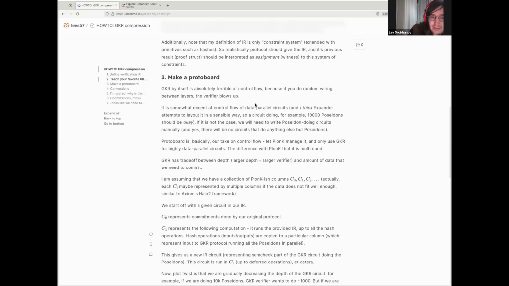It is somewhat decent at control flow of data parallel circuits, and I think Expander attempts to lay it out in a sensible way. So if you want to use Expander, I think it is okay to just write a circuit if it is data parallel. At least this is what Jinfei told me. But if it's not the case, you will probably need to write it manually.